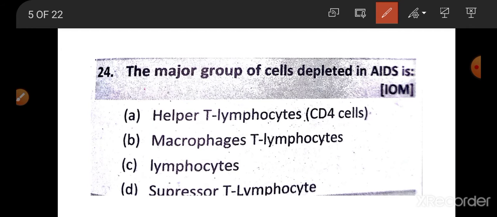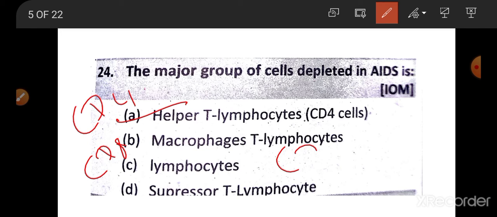24. Major group of cells depleted in AIDS is helper T lymphocyte. There are two types of helper T lymphocyte, CD4 and CD8. In normal condition, CD4 to CD8 is 2:1.